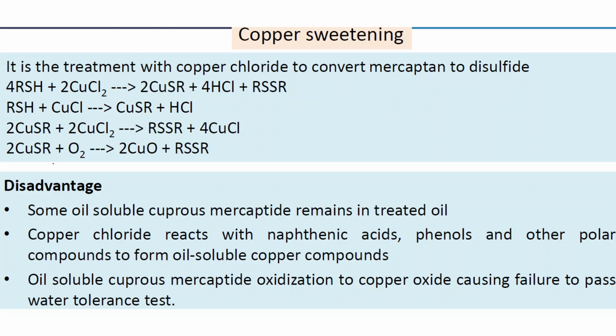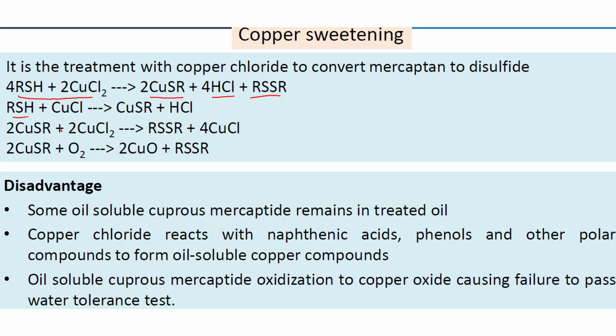The third procedure is copper sweetening. In this, copper chloride is used for the conversion of mercaptan to disulfide. The reactions taking place: mercaptan is reacted with cupric chloride to give CuSR and HCl, as well as sulfide and disulfide.